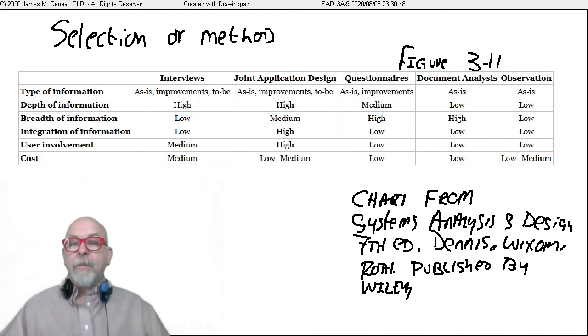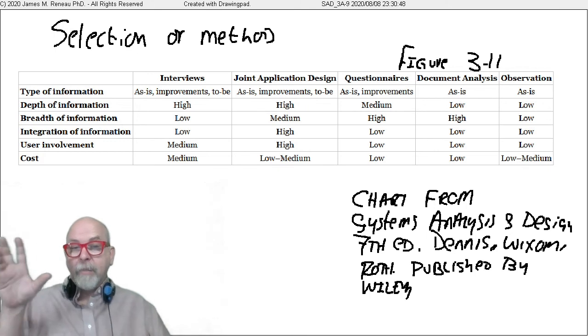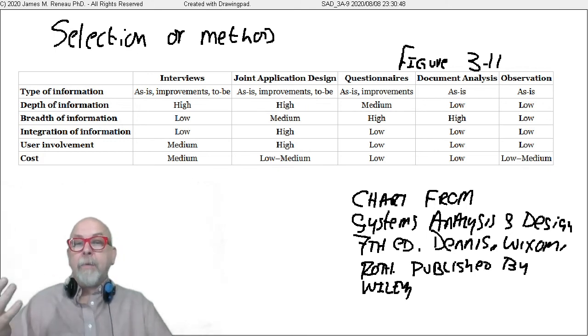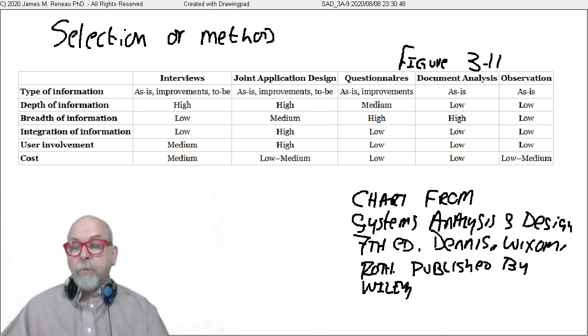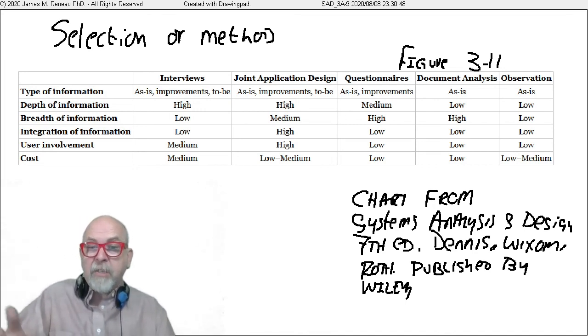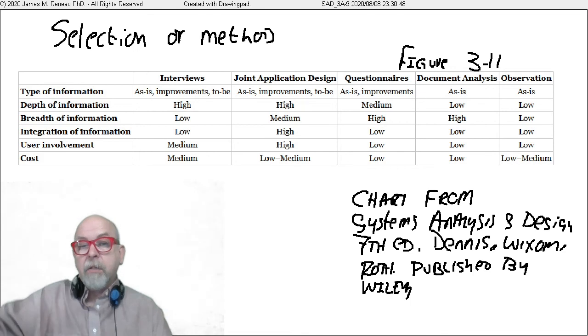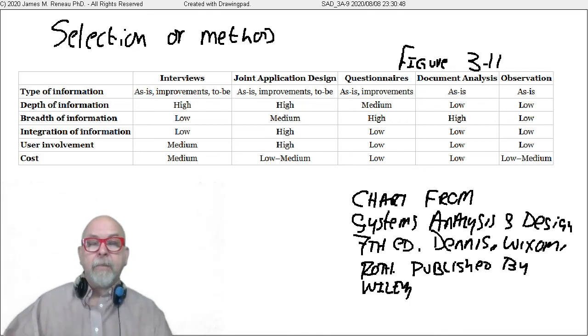Can you get breadth of knowledge about the system from document analysis? Absolutely. How much time does it take a user when you're out collecting documents? Not much at all. They go, well, this is the form I use. Okay, thanks. And the cost of that is low.